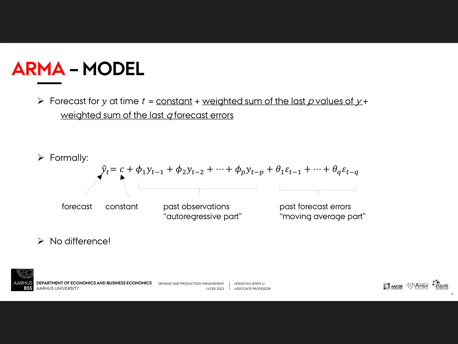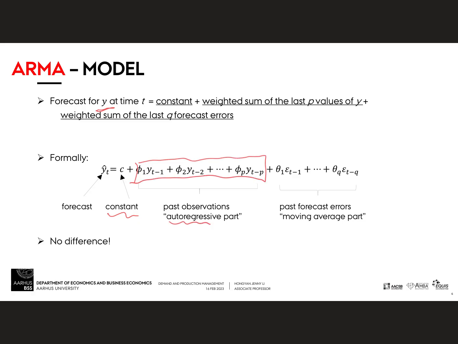So we start with the ARIMA model. The general concept is you forecast the one dependent variable at time t, and this y includes multiple parts. First is a constant, then we have a linear regression of past several periods.